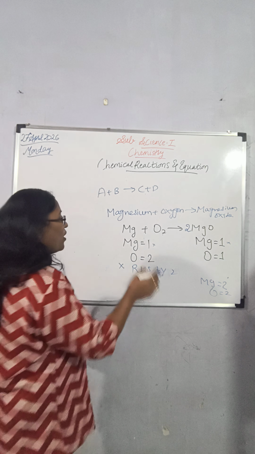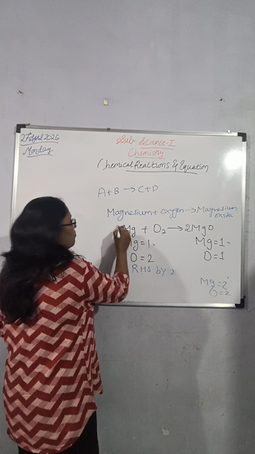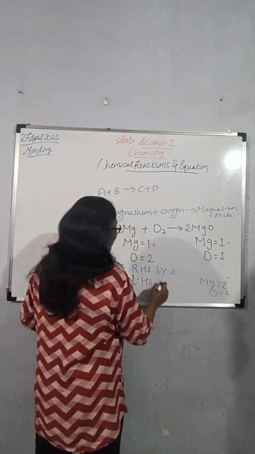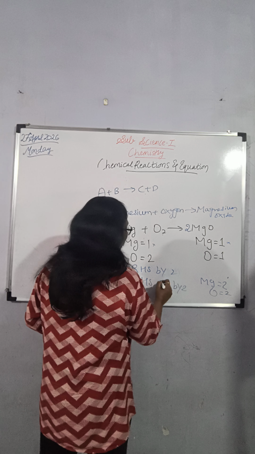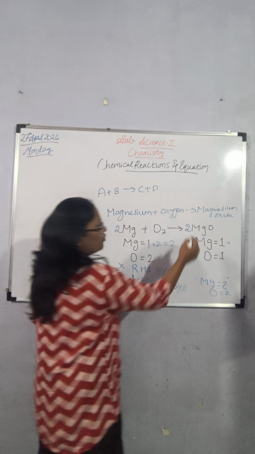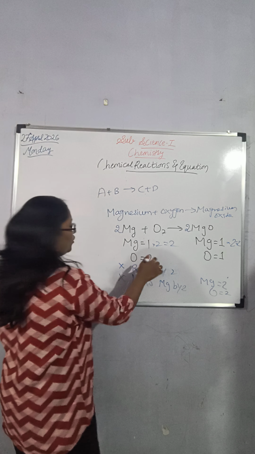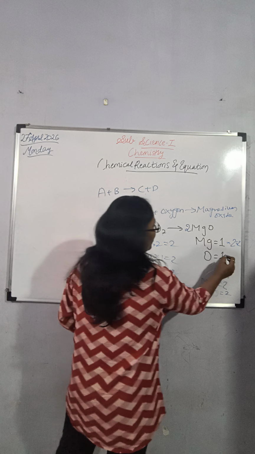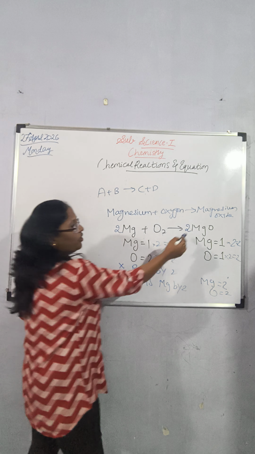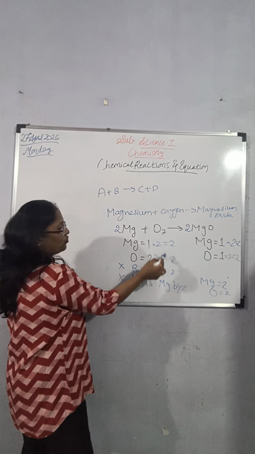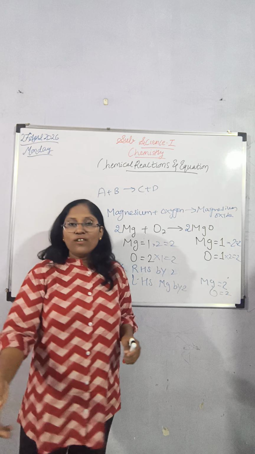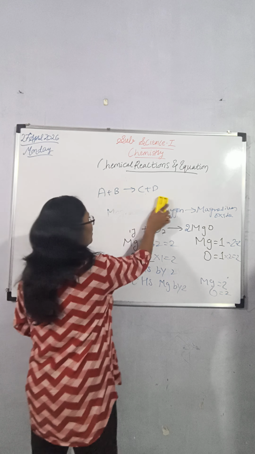So we are going to multiply magnesium by 2, multiplying LHS, that means magnesium, by 2. So when we multiply magnesium by 2, what did we get here? 2. Here 1 into 2, 2. Here 2 into 1, 2. Here 1 into 2, 2. Now can you see it is balanced? Magnesium, here there are 2, here magnesium 2. Oxygen 2 over here, here also oxygen 2. Did you understand this? Okay, we'll just see the next example of balancing the reaction.